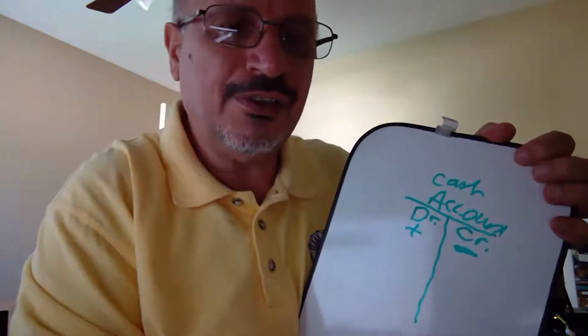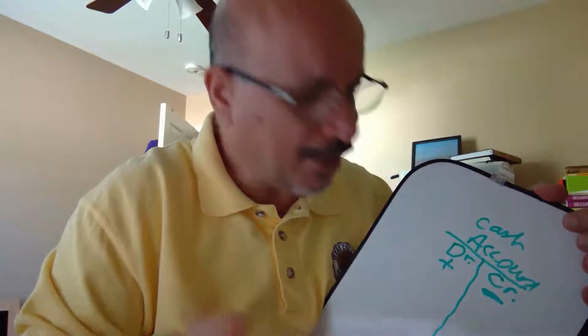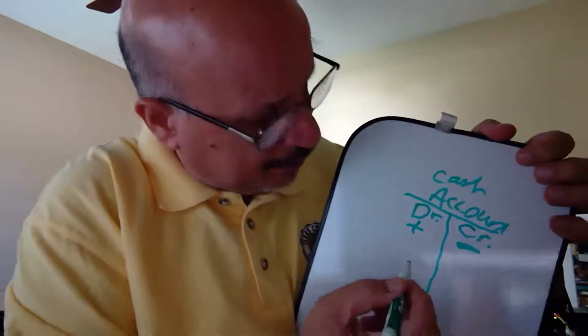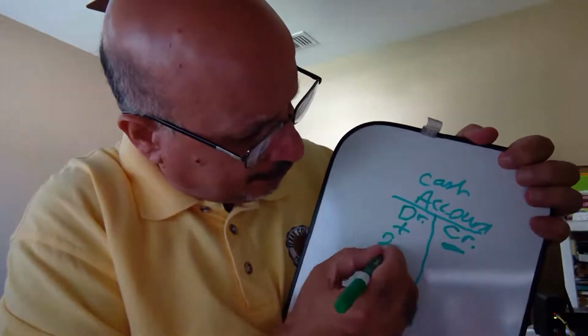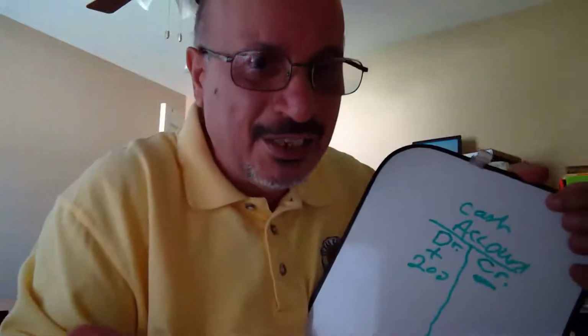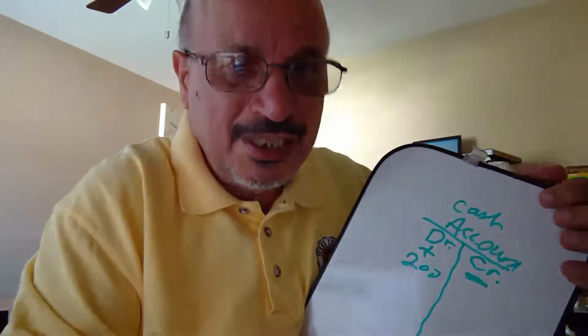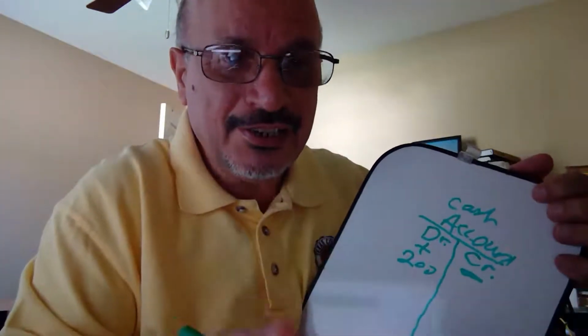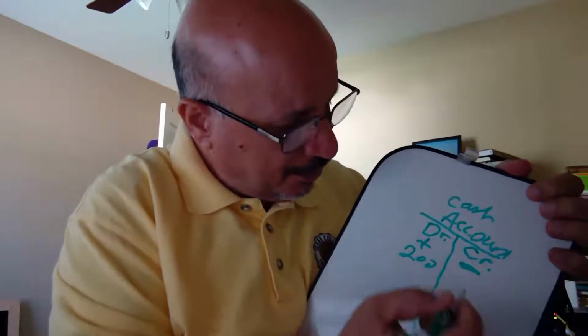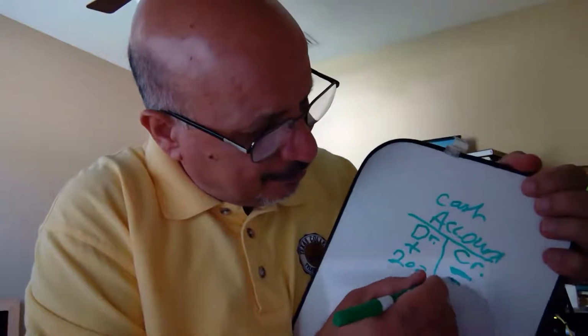So if I did some work and collected cash, let's say $200, I would put the $200 over here on the debit side. When the cash asset is used, it is decreased and credited. So let's say I used $50.